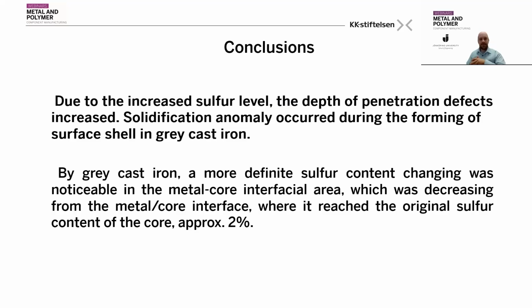And in this case, a more definite sulfur content change was noticeable when we shift towards the metal core interface area, and this sulfur content was decreasing from the interface to the basic matrix of the casting. And we have also made a case study on ductile iron. It behaves in a completely different way, but we have chosen to show you this gray iron case study.